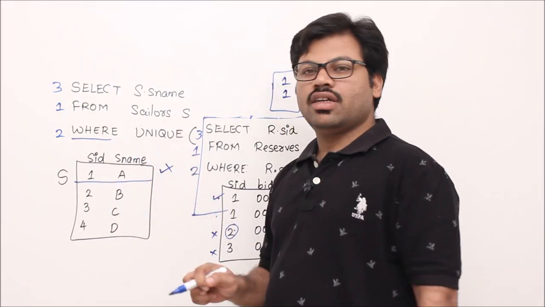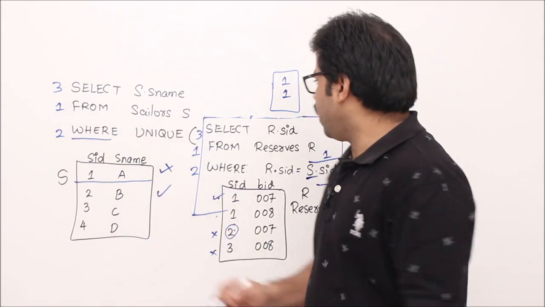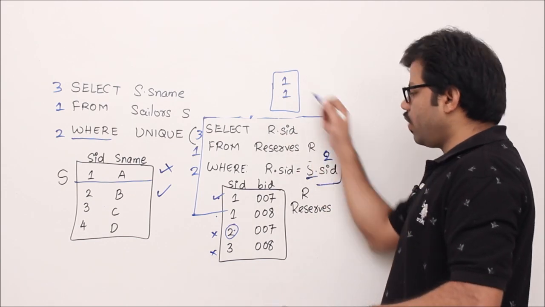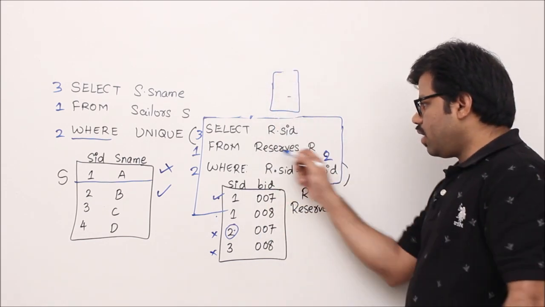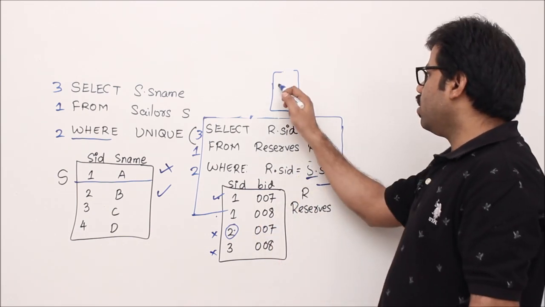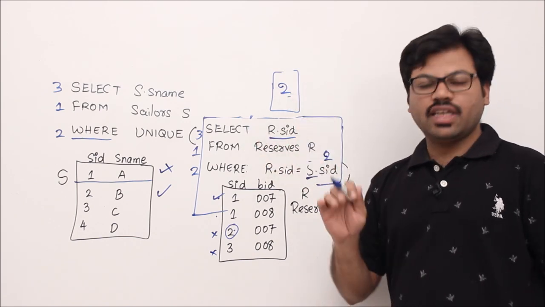This will be rejected. Later we go to the second tuple and do the same. If I substitute s.sid as 2, let's see the output of this query again. Select from the reservations where r.sid is 2. There is only one tuple, and that r.sid will be printed. So this query's output is only a single tuple, right?